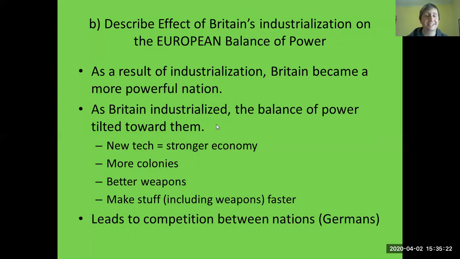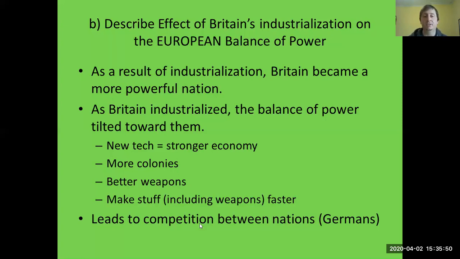Of course, some of the reasons are going to be that the new technology leads to stronger economies. It gives them better weapons. It means that they can make stuff and improve weapons faster. It means that they can move on places like Africa, India, China with more rapidity. We could talk about how the British and the French joined up to defeat the Russians in the Crimean War, and how industrialization played a huge factor in that.